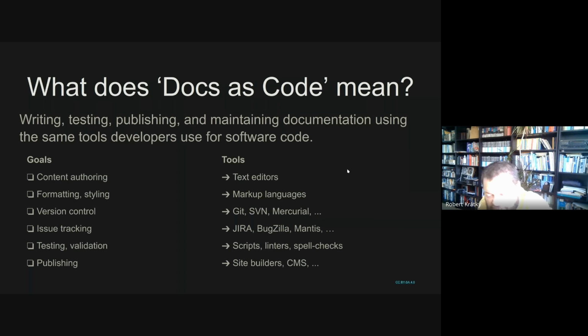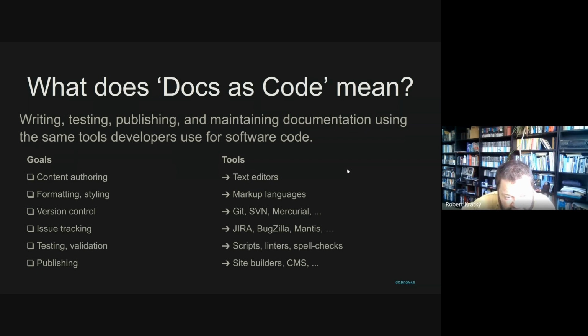And finally, publishing. This is usually done through static site builders for hosting when it's on the internet, then HTML content, or through some content management system into which the outcome of the content authoring and all of those steps before is fed.